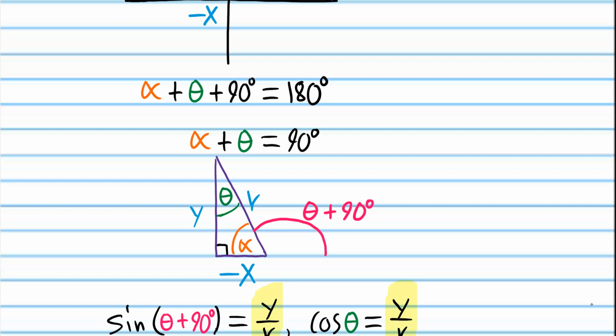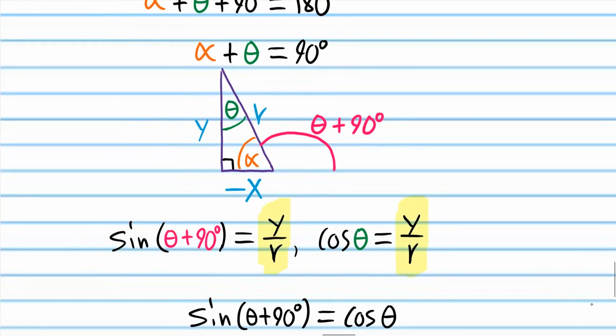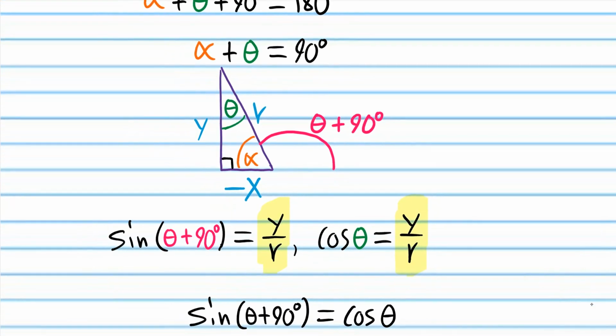Again, the big question is, who cares? What's the point? Well, isn't it true that sine alpha is y over r, right? But cosine theta is also y over r.